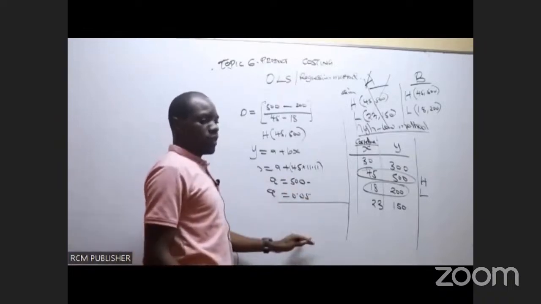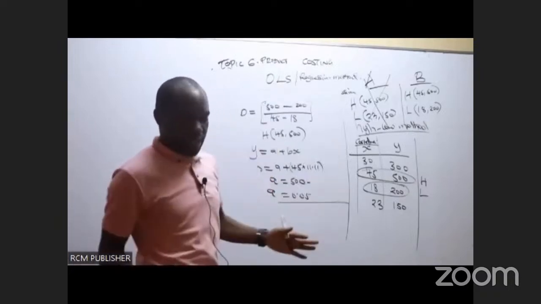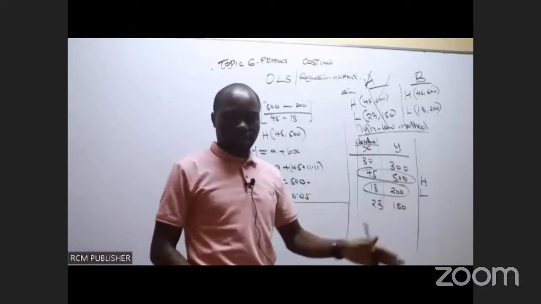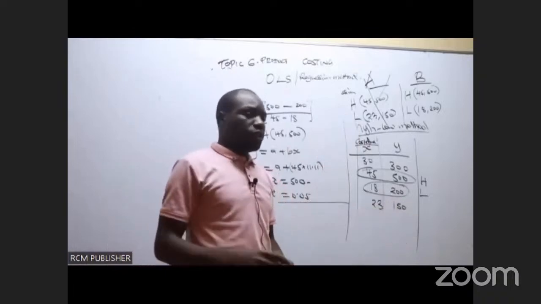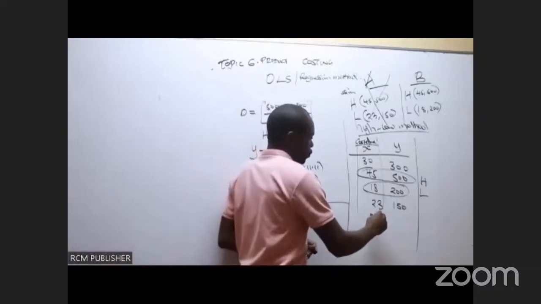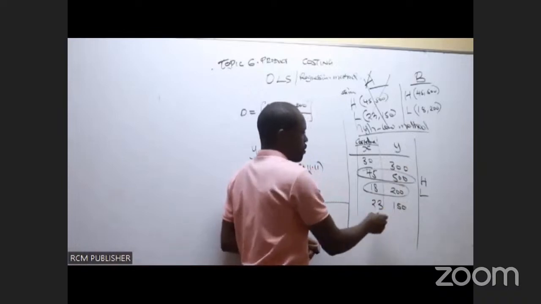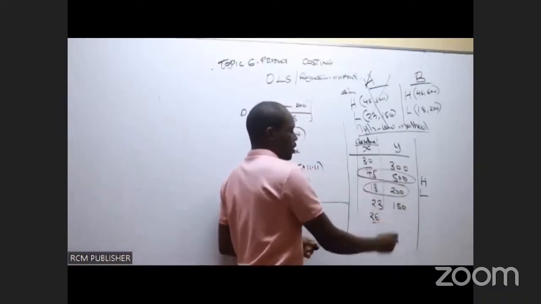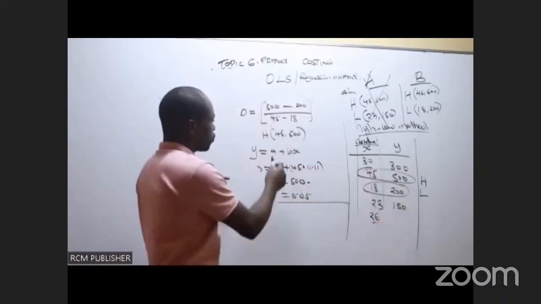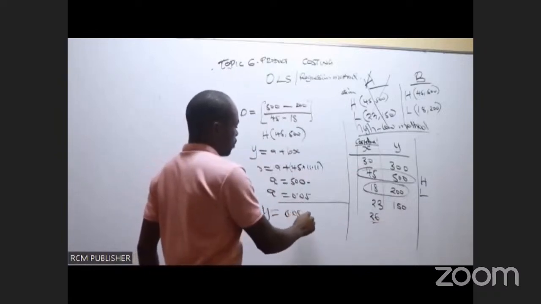And then the next question, Roman 2, they are telling you to give them what? The estimated total cost if the estimated or expected activity level is, let's say, 26. So what will be the total cost if the activity level is 26?